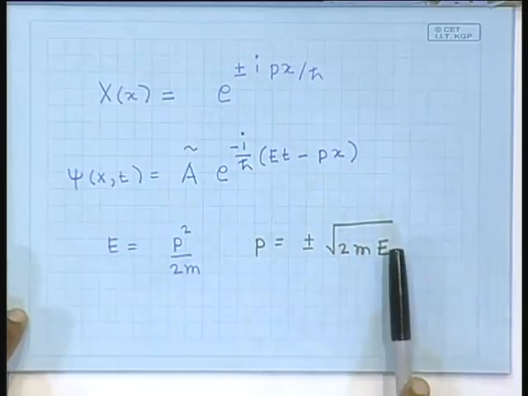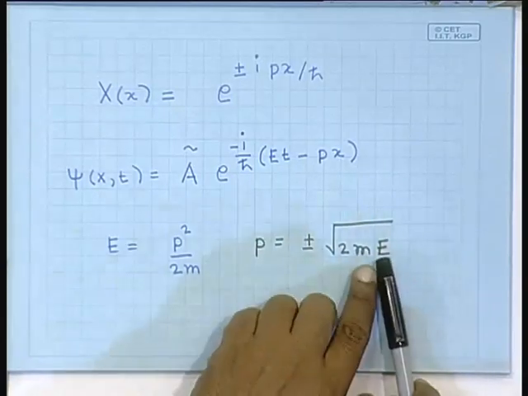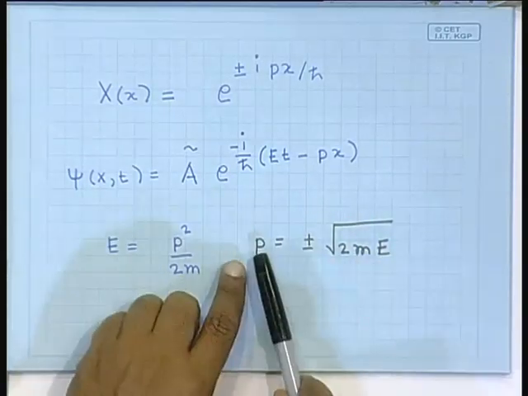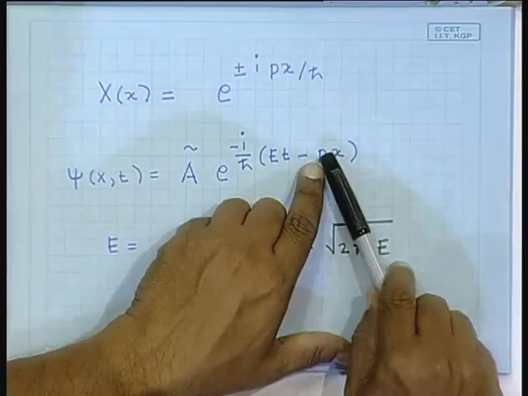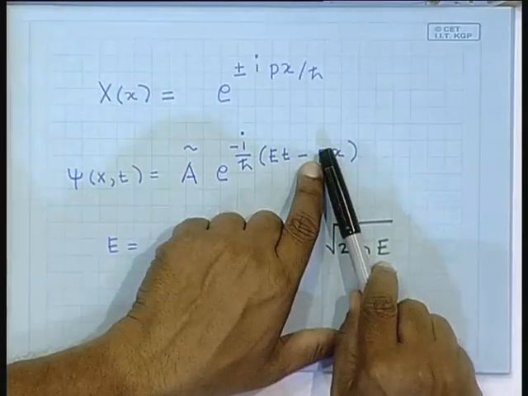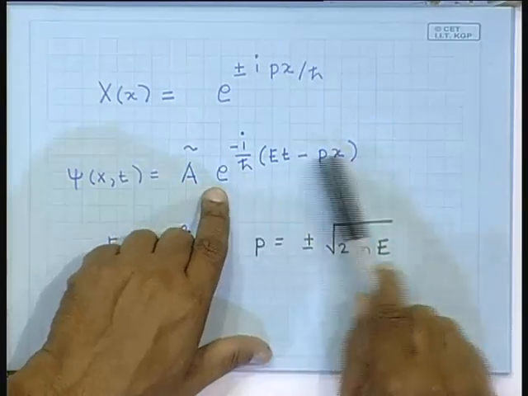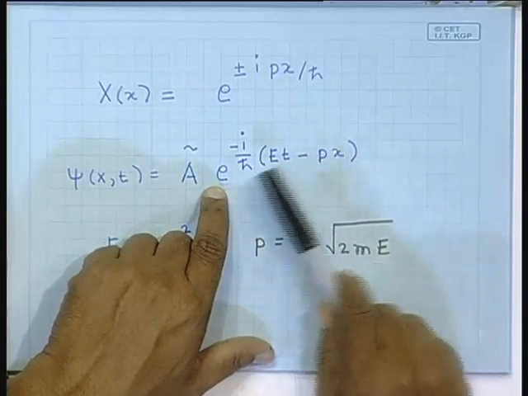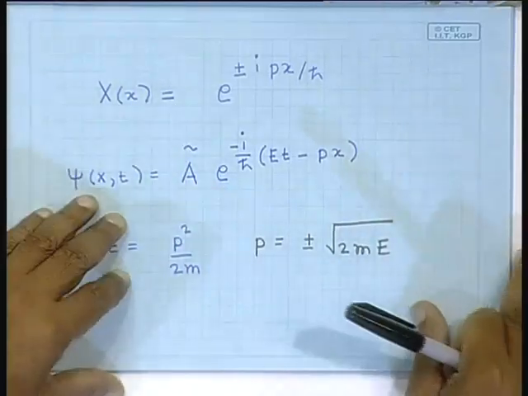Now, E has to be real and positive, because if E is negative, the constant P becomes imaginary. If I have an imaginary constant over here and I multiply it with i, then the x dependence now becomes of the form e to the power some real constant into x. Let me make this point clear.